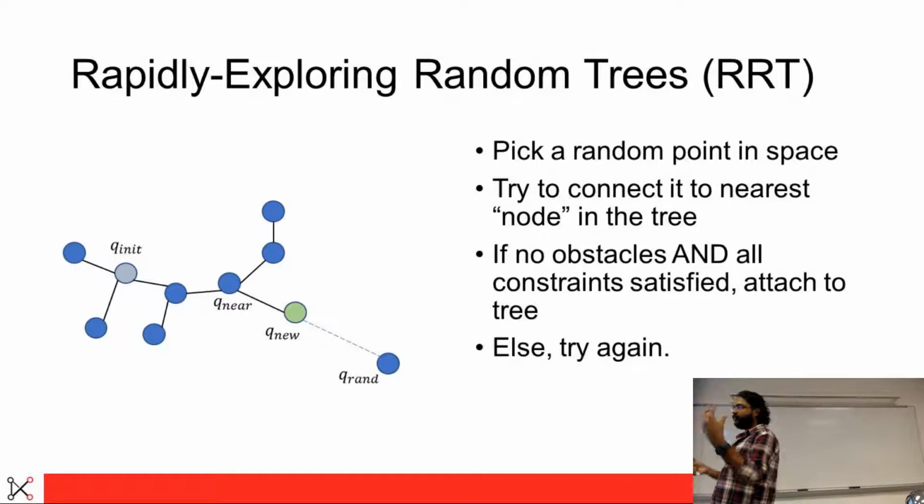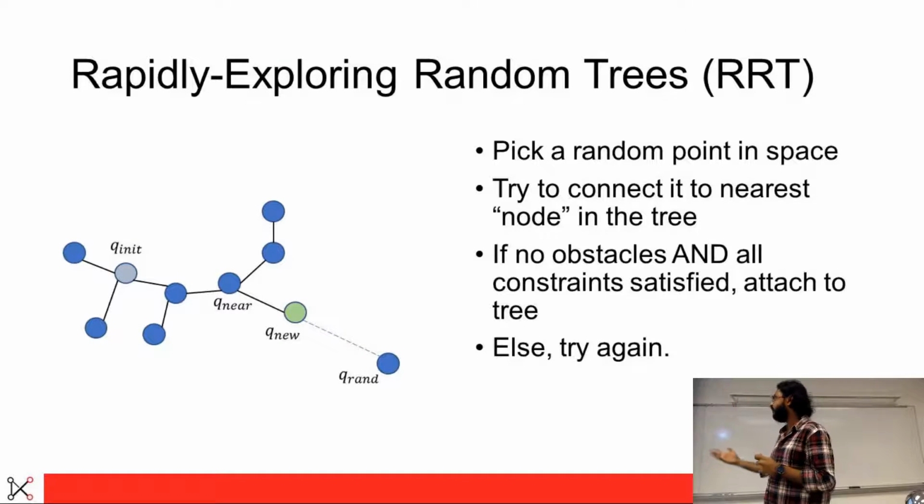So you pick a point and then you try to connect it to the rest of your tree. But if there are obstacles, obviously you can't add that. If there is a violation of your constraints, say the robot cannot be there because it's too narrow or there is a sharp turn, then again you fail.